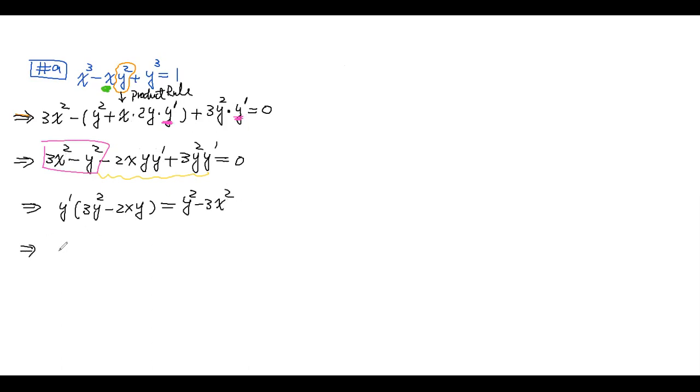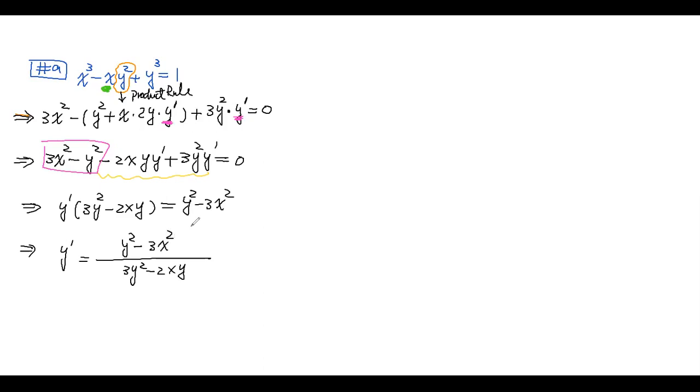Now I get y prime is equal to (y squared minus 3x squared) over (3y squared minus 2xy).